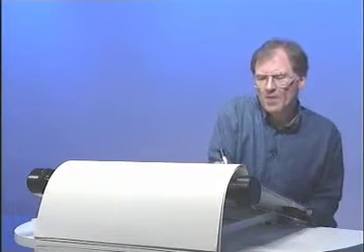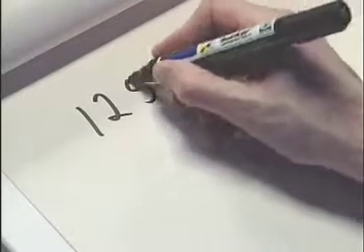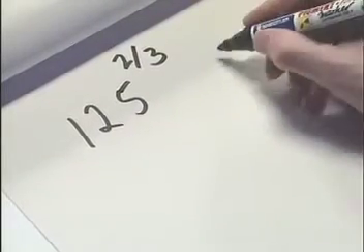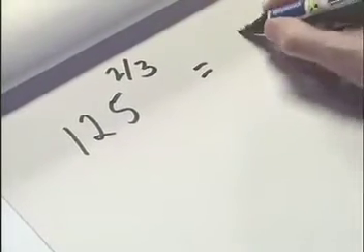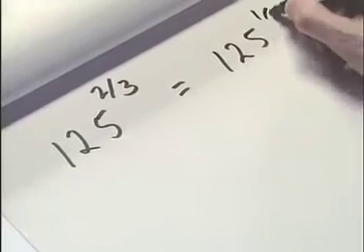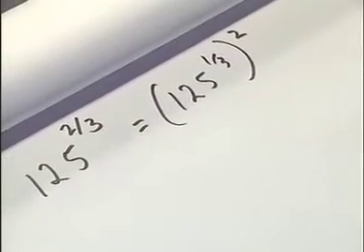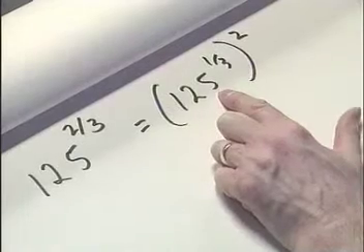Here's another one. 125 seems a very big number. To the 2/3 equals 125 to the power 1/3 all squared. Now, even if we've never met 125 before in these terms, one of the things we ought to be aware of is it ends in a 5, so it must divide by 5.